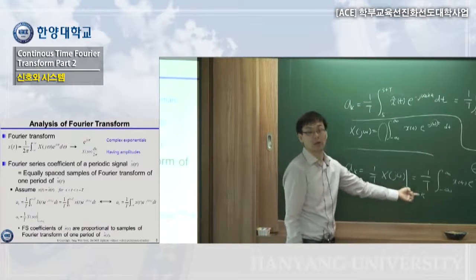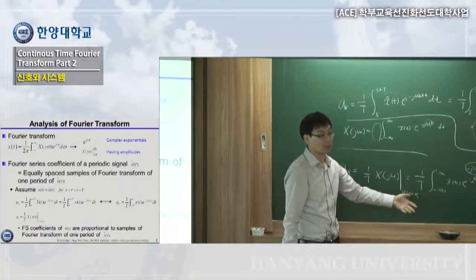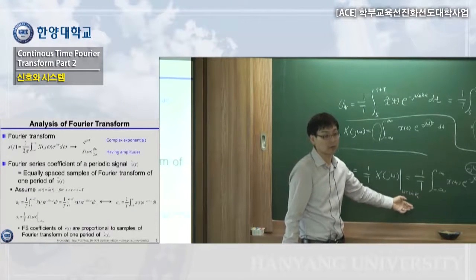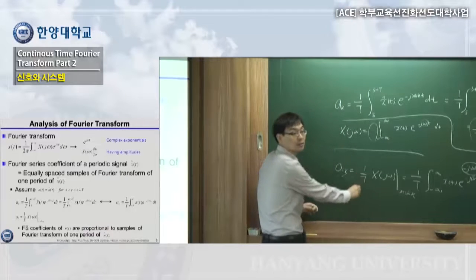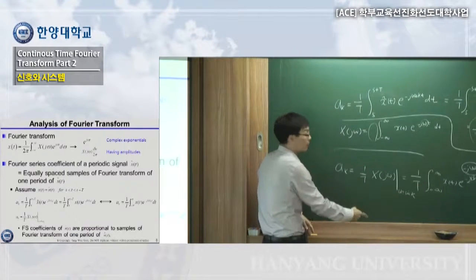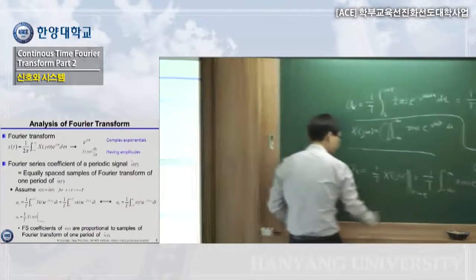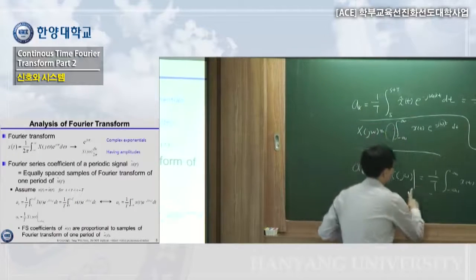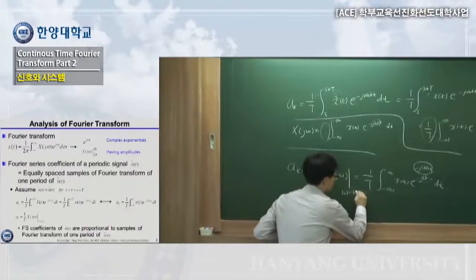when omega equals omega_0 k. What is the meaning of this? Of course, 1 over T is a constant, like a scale factor, but another thing you can consider is this: omega equals omega_0 k.